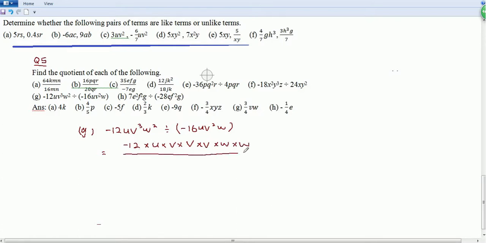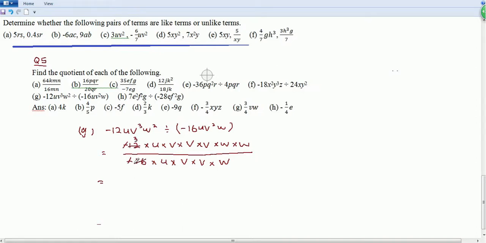So divided by negative 16, 1u, v squared, 1w. Okay, so negative divided by negative, your answer must be positive. And we just cancel up. This 12 and 16 we can divide by 4.